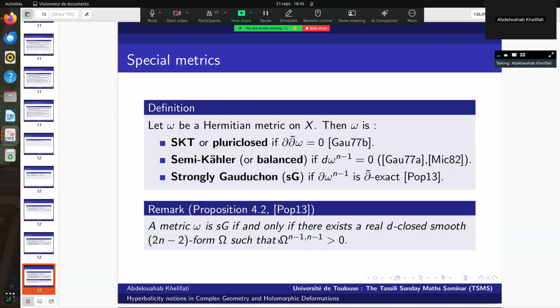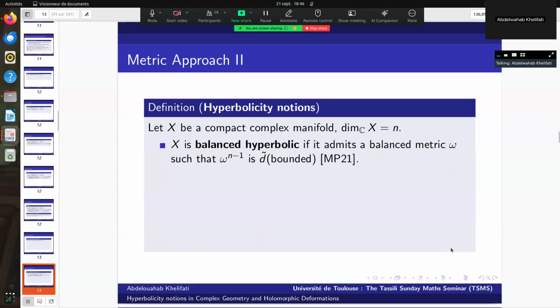And actually this defines the strongly Gauduchon metric, because there is this lemma by Michelsohn which says that the (n minus 1)th root of a positive (n minus 1, n minus 1)-form is actually a metric. So this way one can generalize the definition of Kähler hyperbolicity to the non-Kähler context.